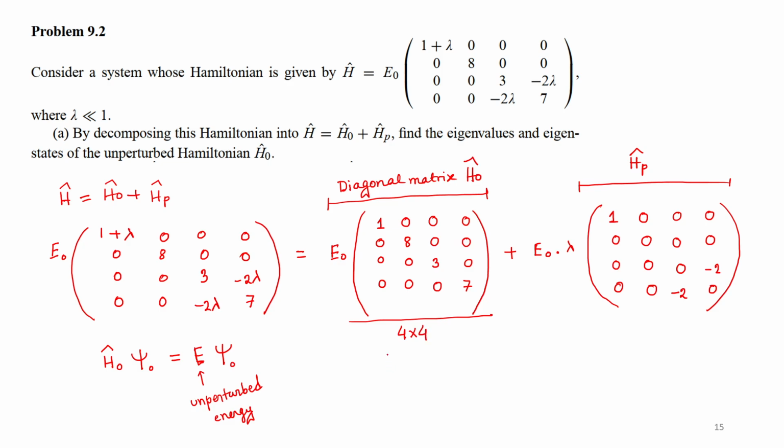4 into 4 matrix. So your eigenstates are actually going to be column matrices, okay? So we have column matrices. What are they going to be?